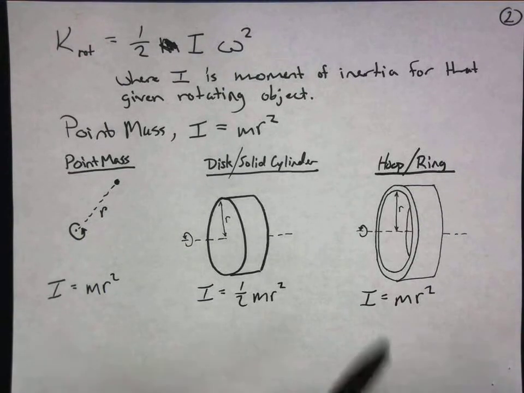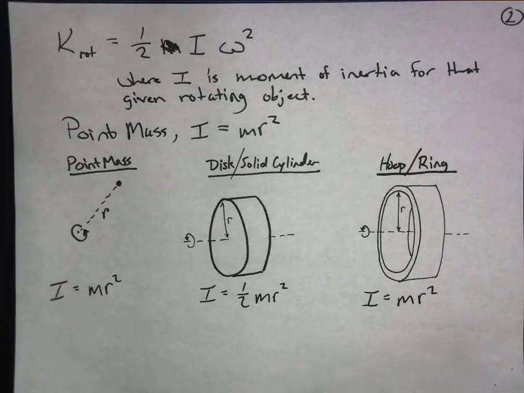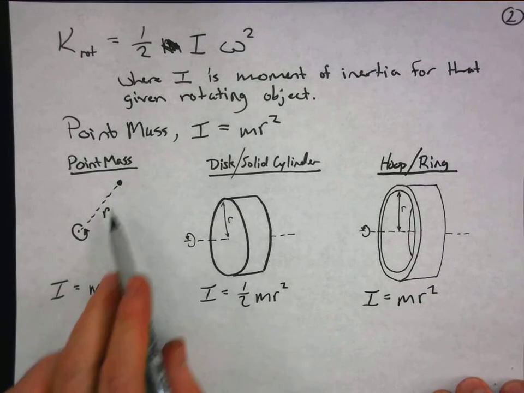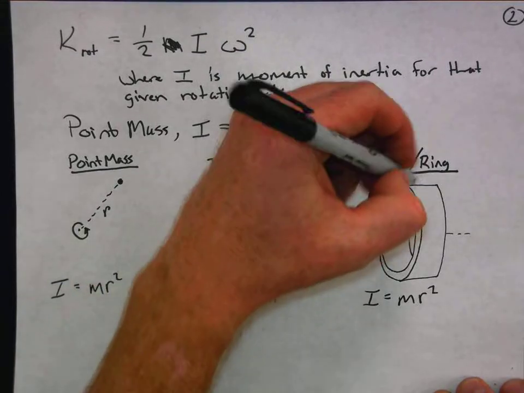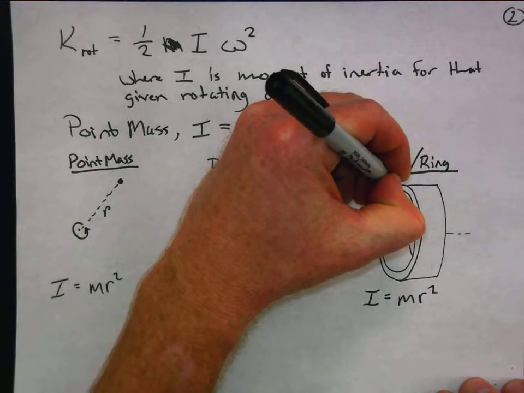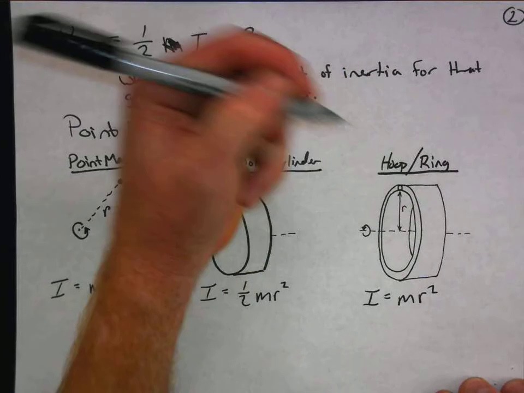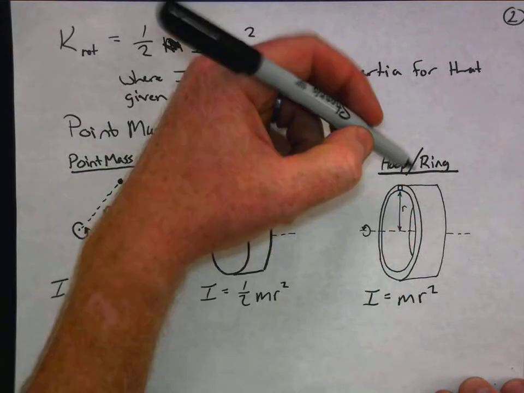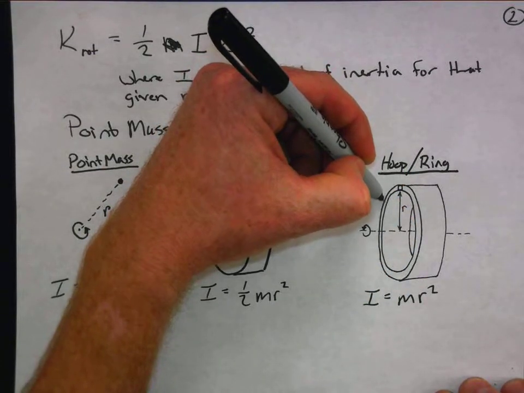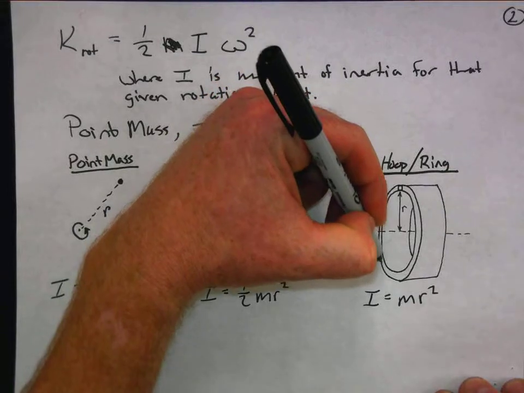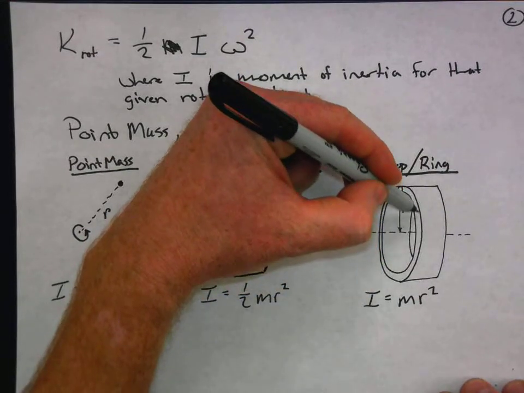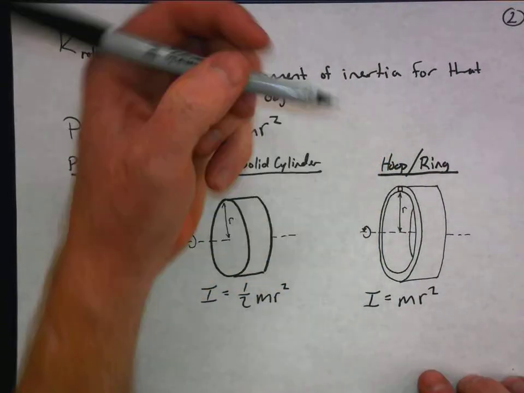Essentially, the hoop or the ring is a whole series of point masses that are all equidistant from the center of rotation. So there's a little tiny bit of the hoop or ring right there, and there's all sorts of other tiny bits of the hoop, and they're all the same distance away from the axis of rotation.